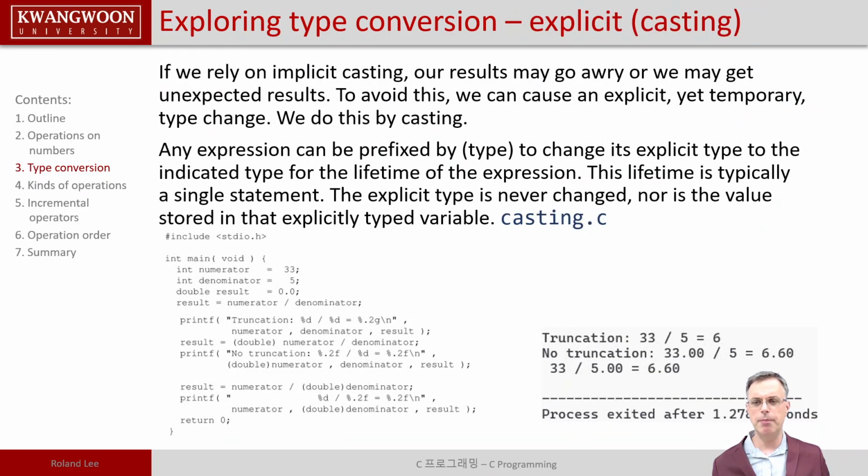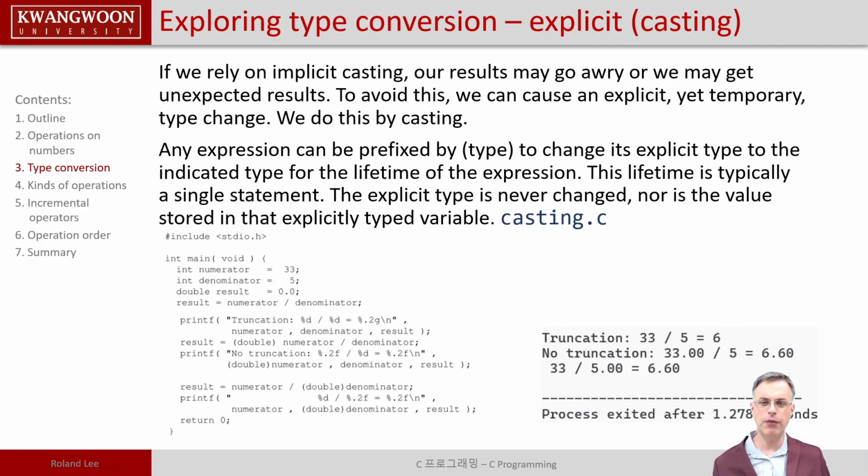If you rely on implicit casting, our results may grow awry, or we may get unexpected results. To avoid this, we can cause an explicit yet temporary type change. We do this by casting. When we explicitly cast a variable to another type, its value is temporarily converted into the desired type and then used.